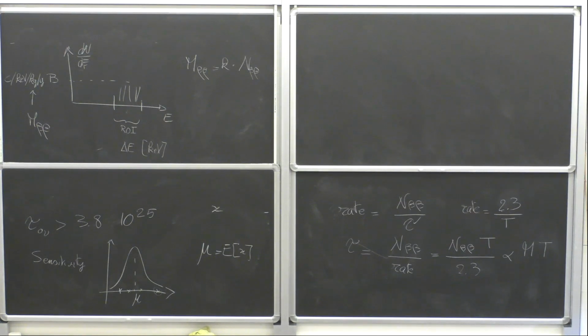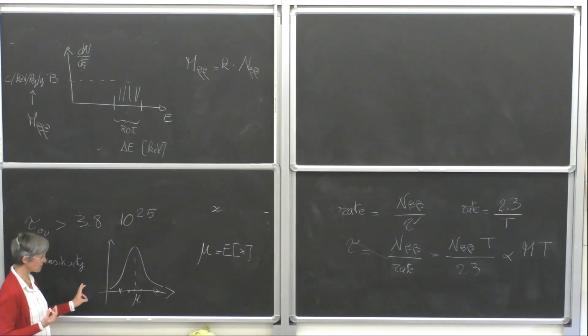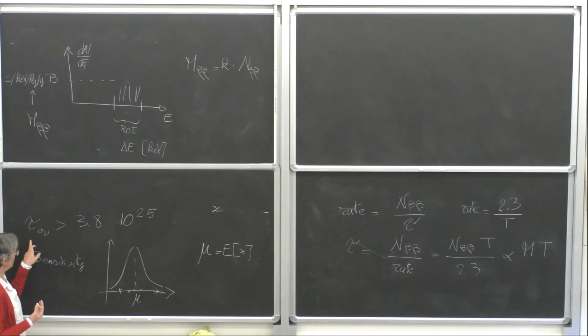you may assume that in one case, if you get a short half-life, it may be because you have a signal in there. If it is a very long half-life, you have an under-fluctuation of the background. Of course, if you have a short lifetime, there are two possibilities.